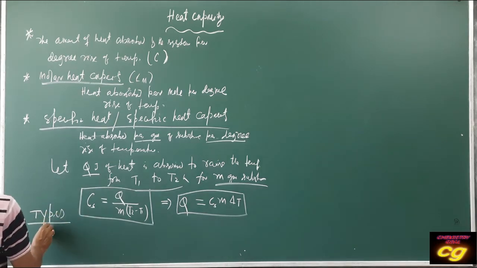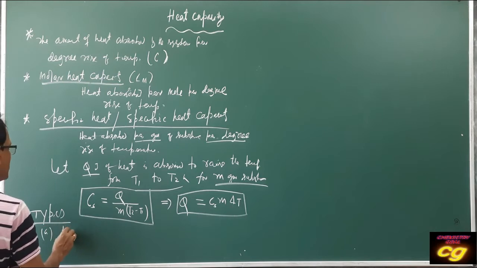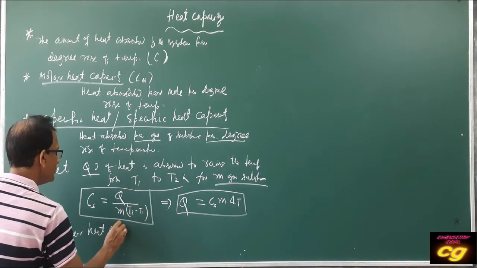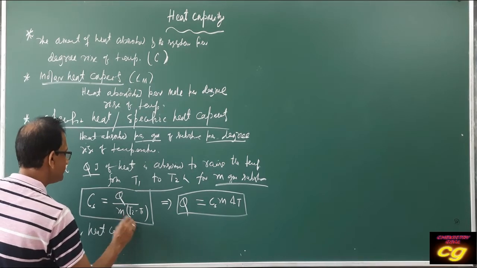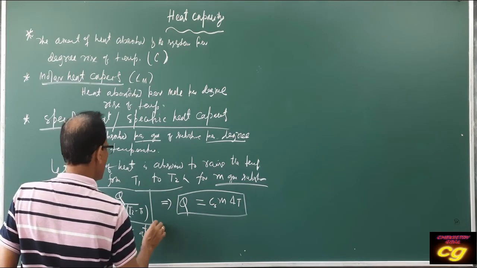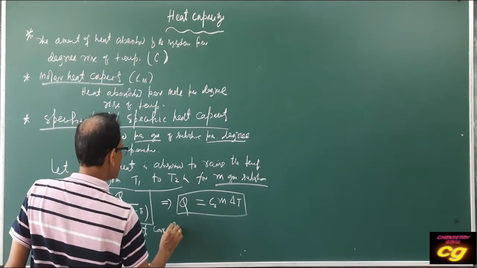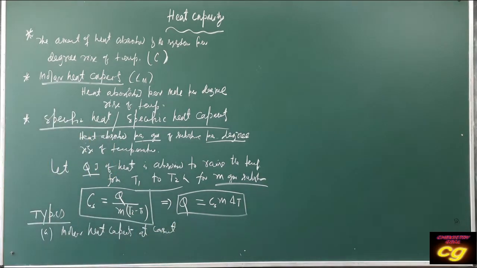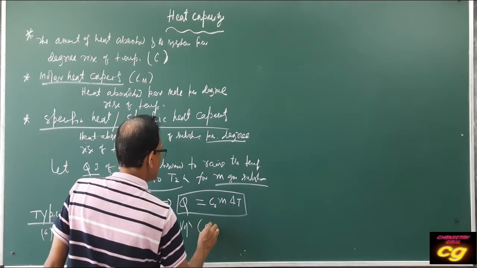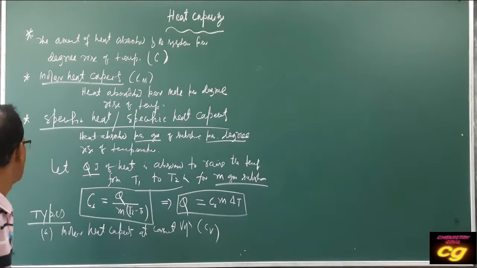One is called molar heat capacity at constant volume. That is called Cv.